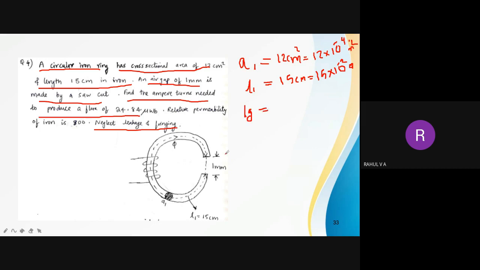That is nothing but this portion, where there is no material. This is not a complete circle. There is a saw cut in between. They have cut that material, so there is a gap of 1 mm. So 1 mm is Lg. If I convert, 1 into 10 raised to minus 3 meter.